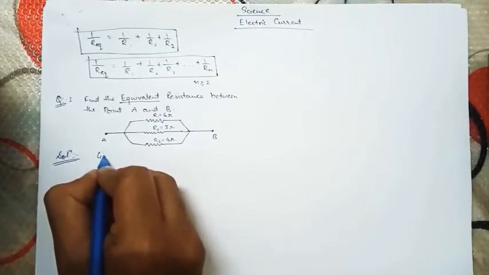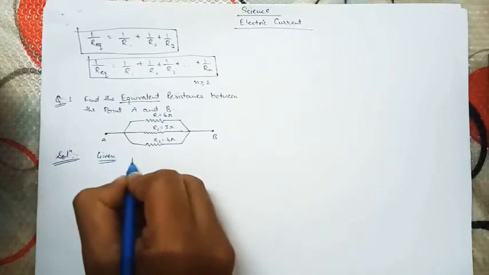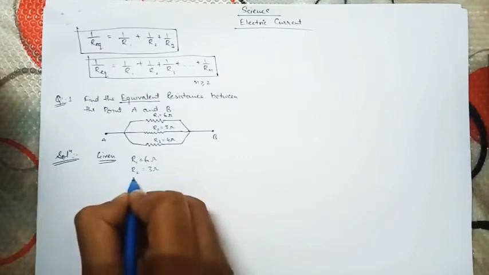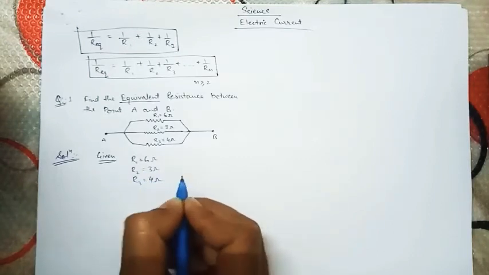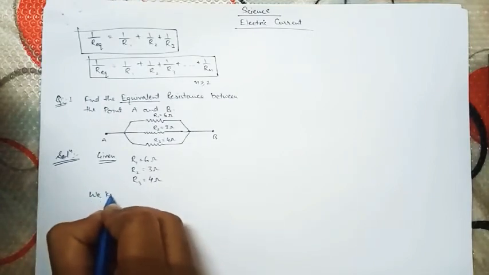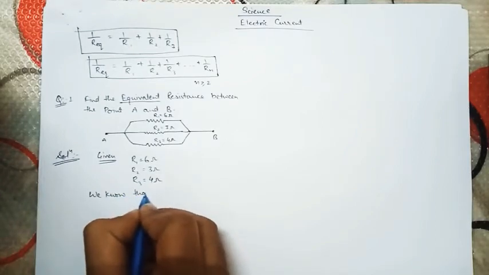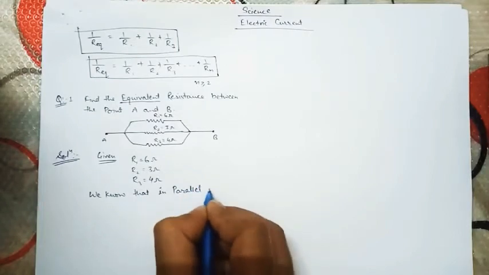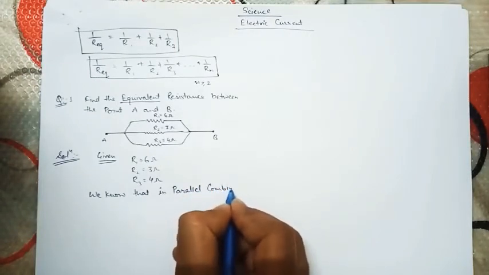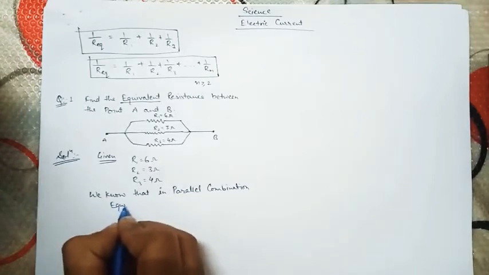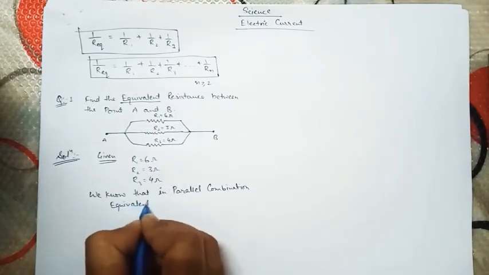First we write down the given values. What is given? R1 equals 6 ohm, R2 equals 3 ohm and R3 equals 4 ohm. We know that in a parallel combination, what is the formula of equivalent resistance?